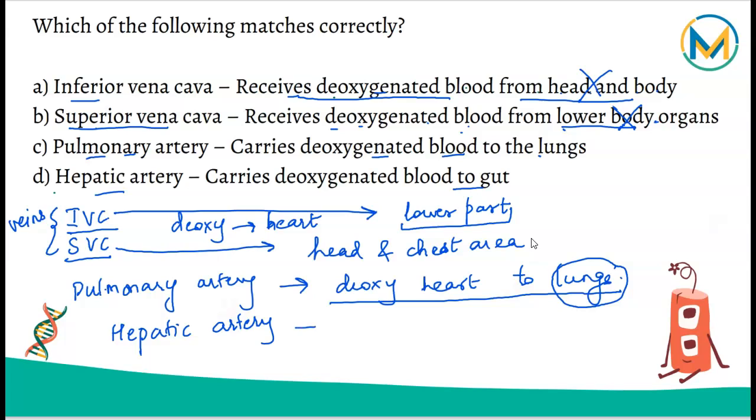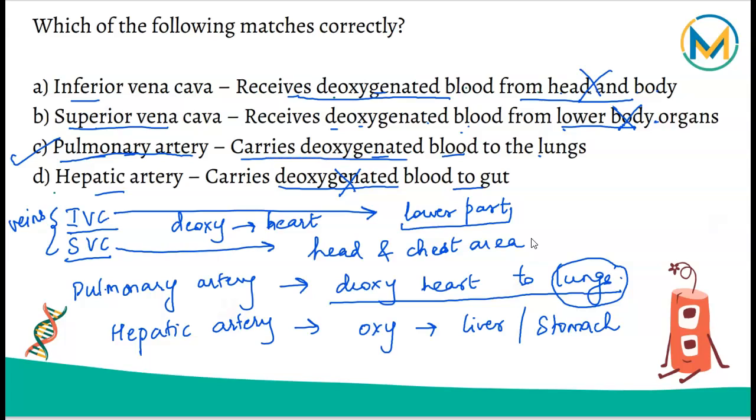These are basically the arteries which supply oxygen-rich blood to the liver, the stomach, the duodenum, the pancreas, the gallbladder, all of that. So they do not carry deoxygenated blood, they actually carry oxygenated blood. So this one is wrong, and the correct statement is: pulmonary artery carries deoxygenated blood to the lung. This one is the correct match here.